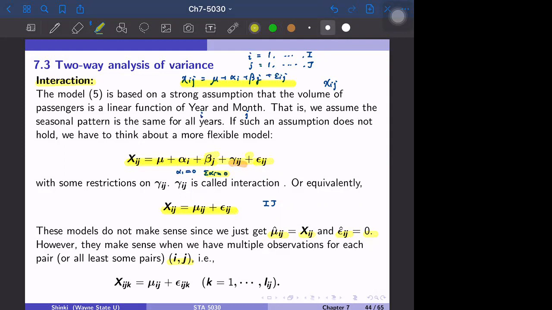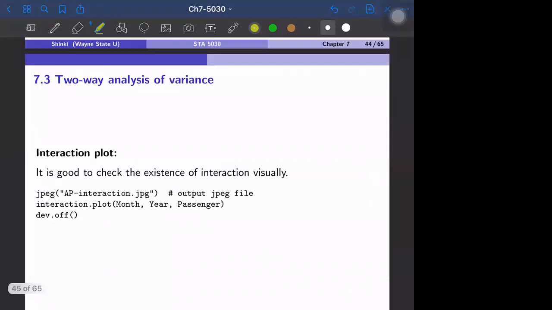So 50 times the number of years times the number of months observations, then it's totally reasonable to fit this model, because this model can be written as x_ijk equals mu_ij plus epsilon_ijk, where k is equal to 1 to I_ij. This may depend on the pair ij. And then we can estimate mu_ij and also the size of the error, so the variance of epsilon. This is the so-called repeated measurements model.